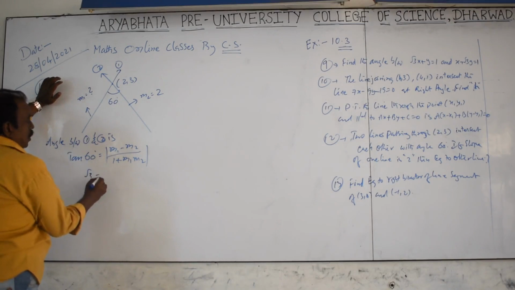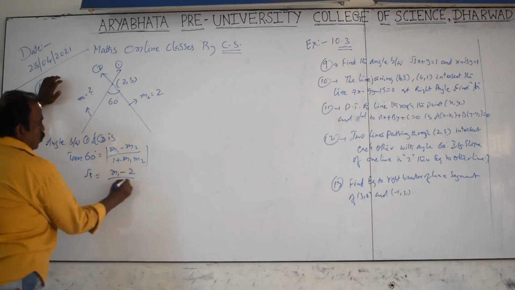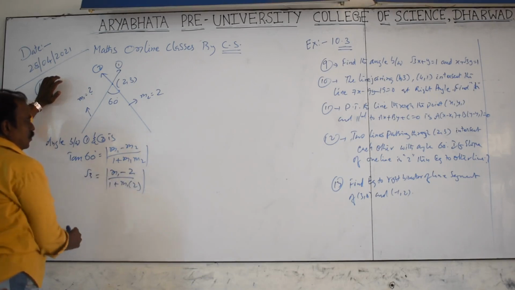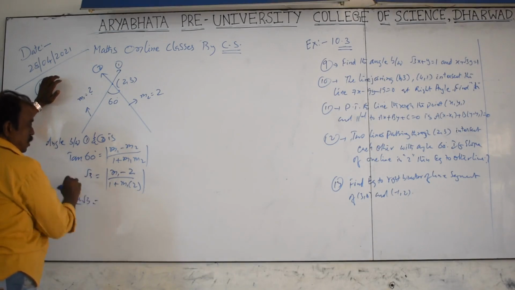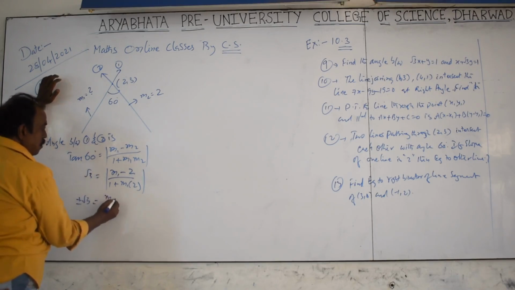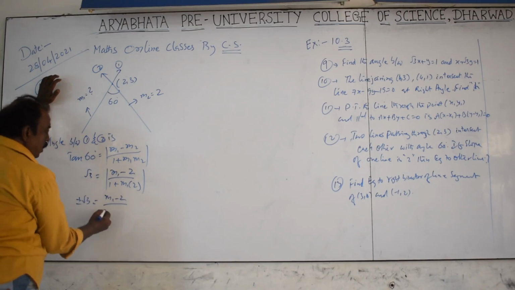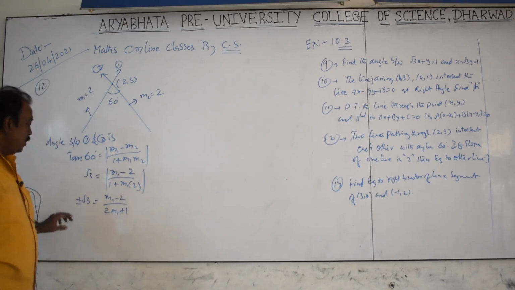This is root 3, with m1 unknown and m2 is 2, by 1 plus m1 into 2, with the modulus. That is root 3. You remove the modulus, that is plus or minus. It is (m1 minus 2) by (2 m1 plus 1). Here it is plus or minus.